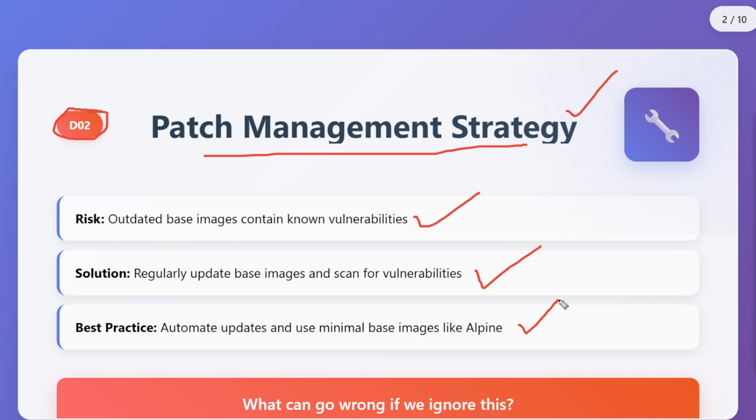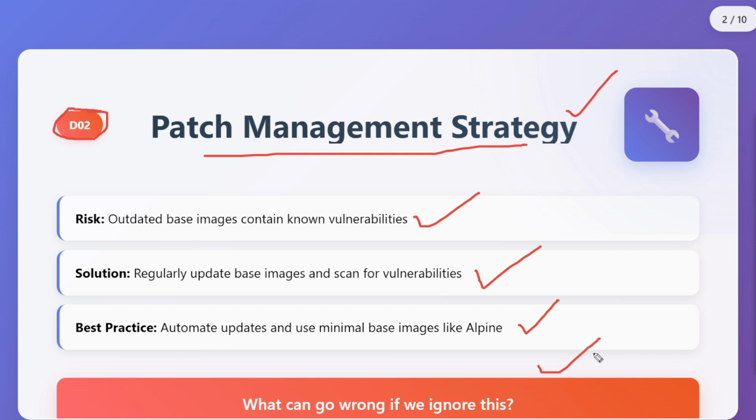And what happens if we ignore this patch management strategy in the Docker image or file? There will be chances for known exploits, where attackers can use public CVEs to target your containers. Compliance violations may also happen, as outdated images may violate security policies, and zero-day exposure will happen.